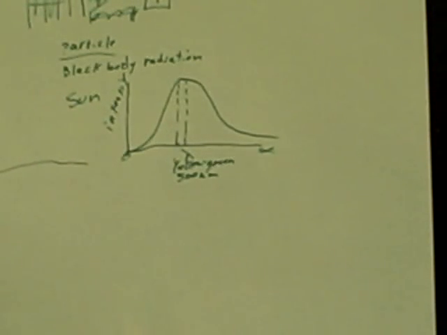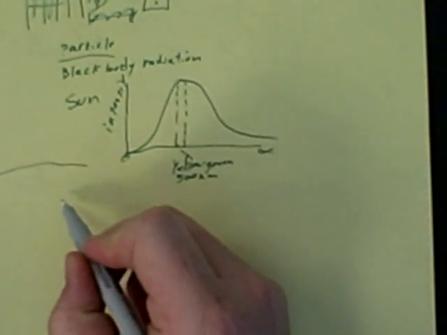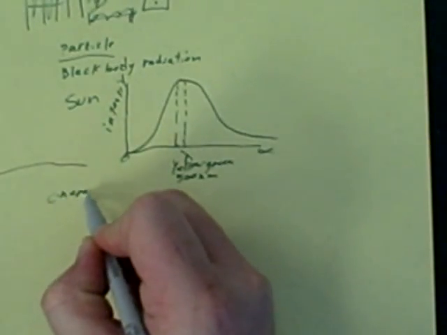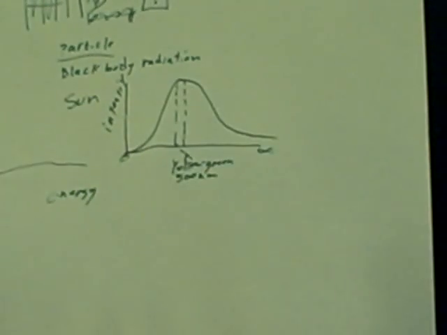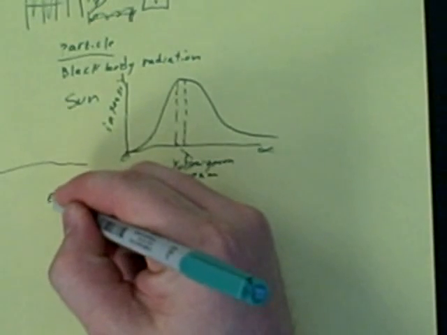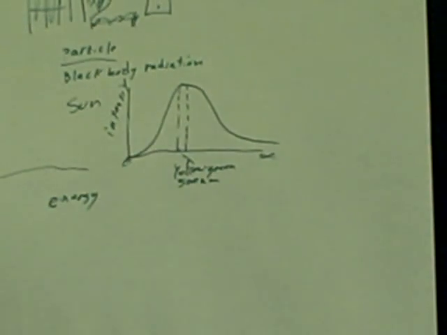Now, why does blackbody radiation itself give rise to wave being a particle? I mean, it looks like you have various wavelengths of light. Well, the problem is, if you look at the energy that is given off by the sun, or really any blackbody radiator, I'll use the sun because it's a pretty easy example to look at, the energy needs to be finite. If it's not, the universe would die.